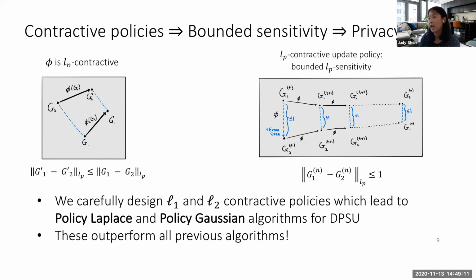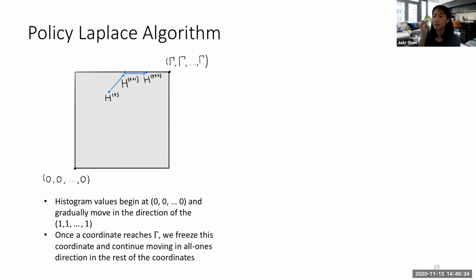So you can imagine, as we're using these clever update policies, we can start with two adjacent histograms that differ by one user, and our final output distance will also be less than or equal to the original distance after applying a sequence of these contractive update policies. We can do this for L1 and L2, which gives us some options.